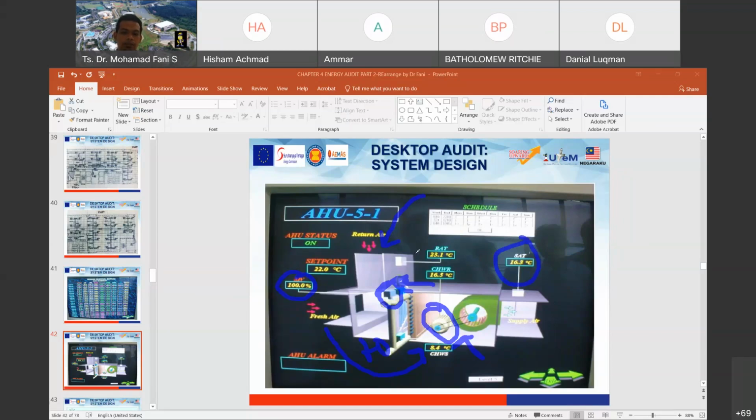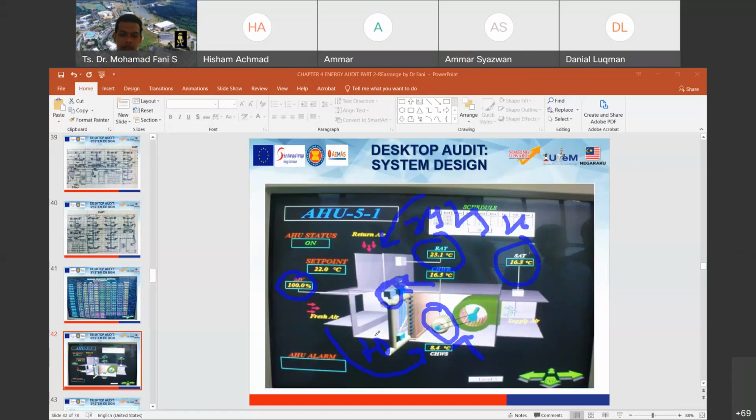Okay, if something like this, we set the set point and the room return air is about 24 or 25, 26. The set point is 22. The actuator valve will respond to decrease the temperature to 22 or 23, plus minus 1, and then the actuator valve will be opened again.